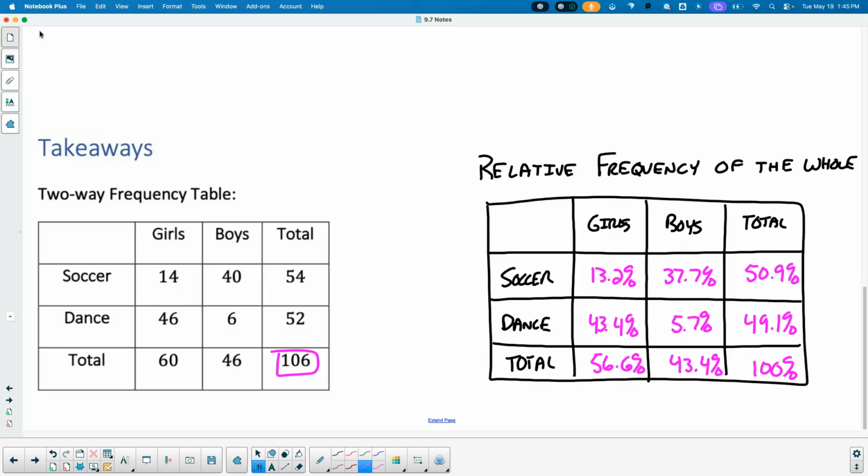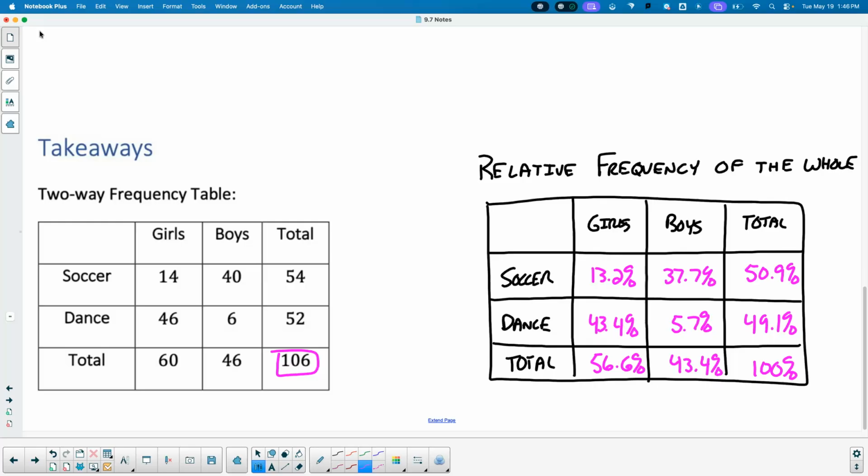Agree? Notice anything about the relative frequency of the whole chart? Any observations that you see? What do you got? Okay.